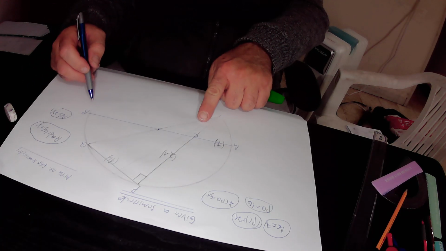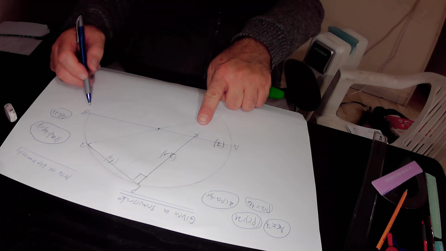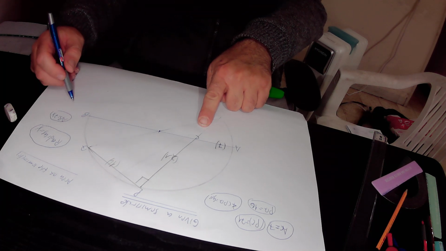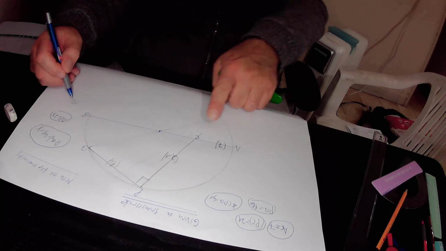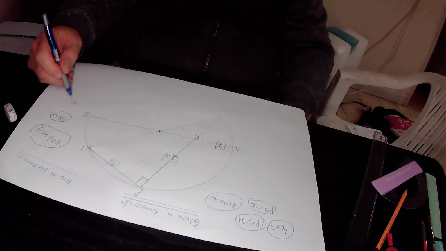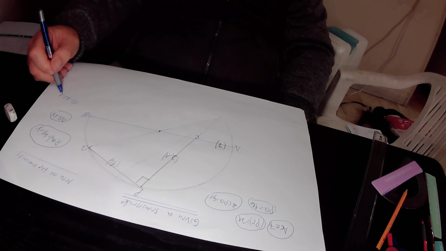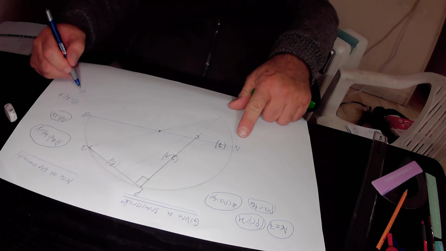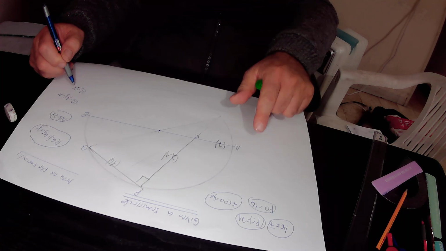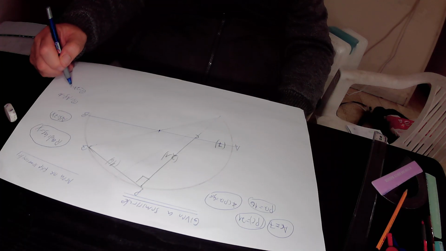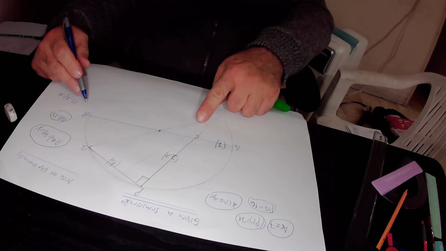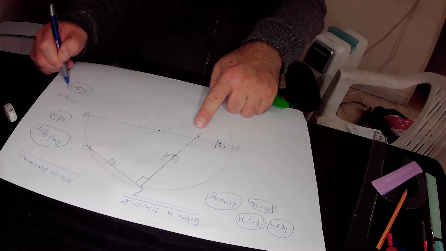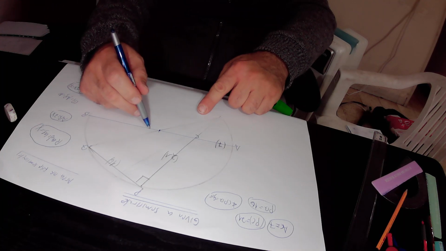Therefore, the missing line segment CB equals AB minus AC. So CB equals AB, which is 2x, minus AC, which is 7. So CB equals 2x minus 7 units in length.